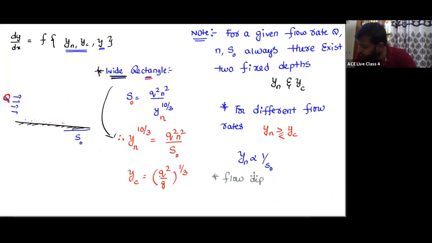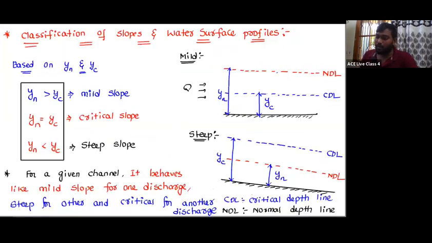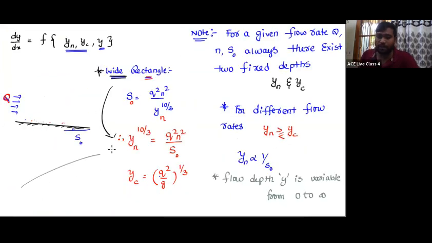Flow depth y is a variable from 0 to infinity. What is the meaning of rising profile? Rising is like this. And what is the meaning of falling profile? Falling is like this. When the water level rises, the water depth tends towards infinity. When the water level is falling, the water depth tends towards 0.